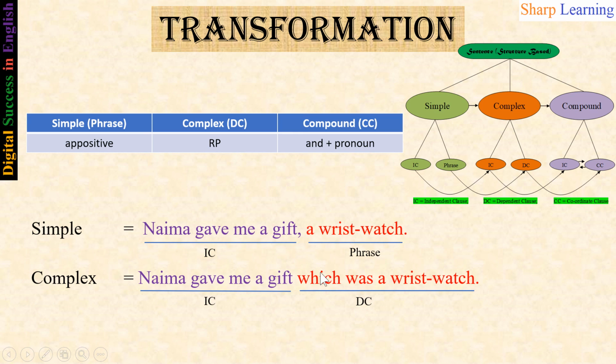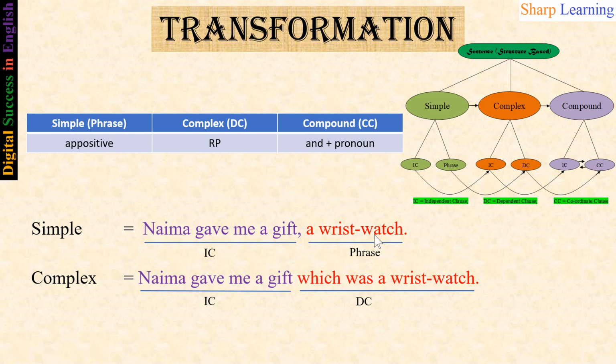We have used a relative pronoun, RP, that means who, which, what, that, whom, whose, etc. Which is the conjunction plus subject, was the verb. This verb has been taken from outside. Why is it past tense? Because in the IC we have seen the verb is past tense. A wristwatch, it is an extension. Okay, so in this sentence we have used an IC and DC, that means it has been a complex sentence. And this DC has been made from the phrase, a wristwatch.